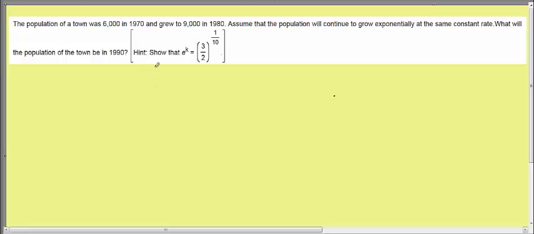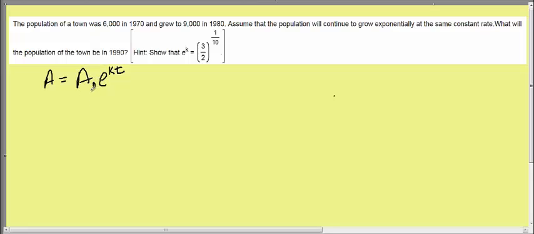So this hint that they give you is actually too much information. It's true that we could work it out like this, but if we look at an exponential problem, we have this equation, P sub 0 e to the kt. Or we could have P for population and P sub 0.